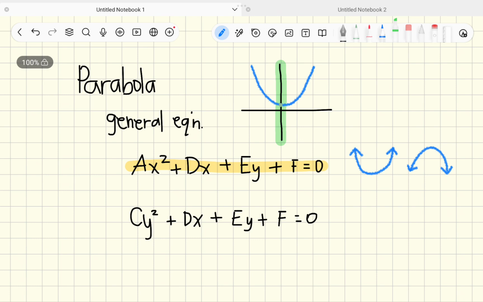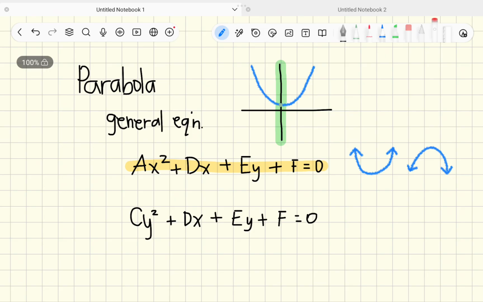Since the vertex is the turning point, we can say that this side of the parabola should be the mirror of this other side, right? So the axis of symmetry is somewhat a mirror to your parabola.